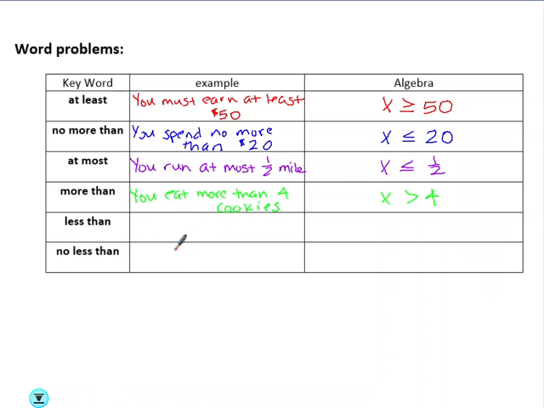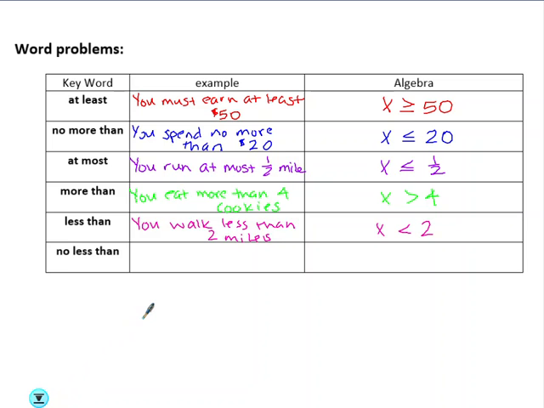Less than is pretty obvious. We're going to have less than in our equation. We could say you walk less than 2 miles. That would be x is less than 2. Finally, we have no less than.